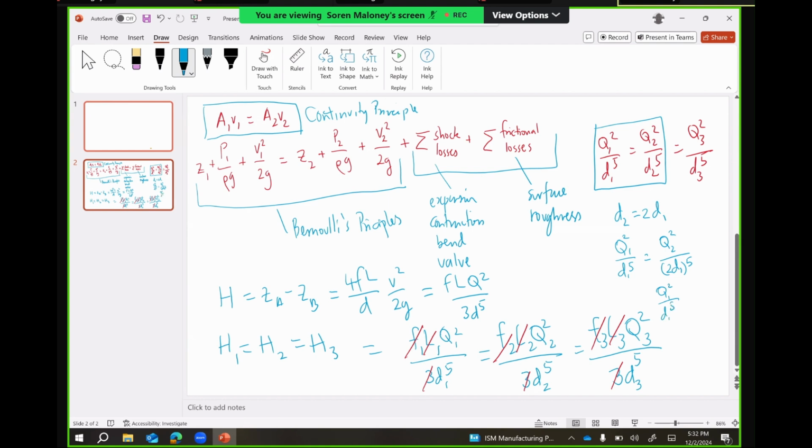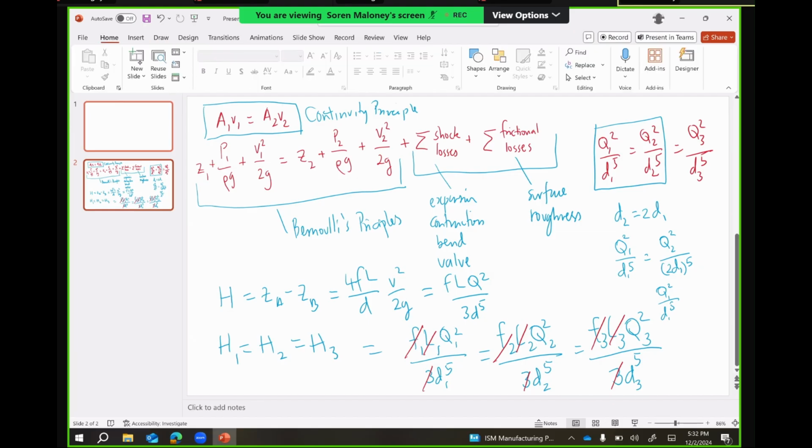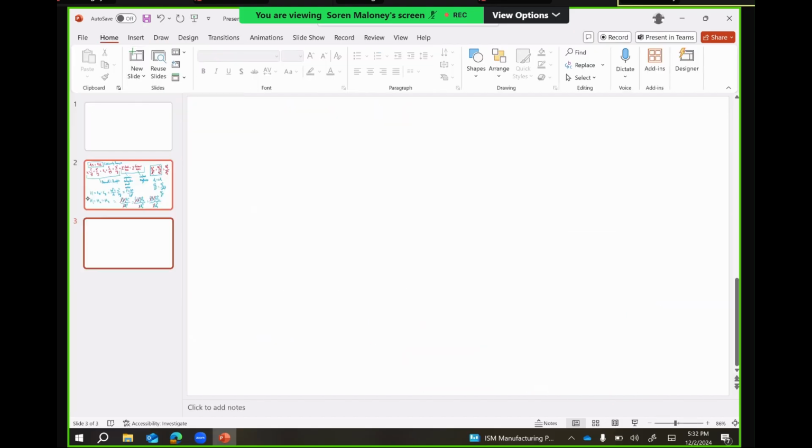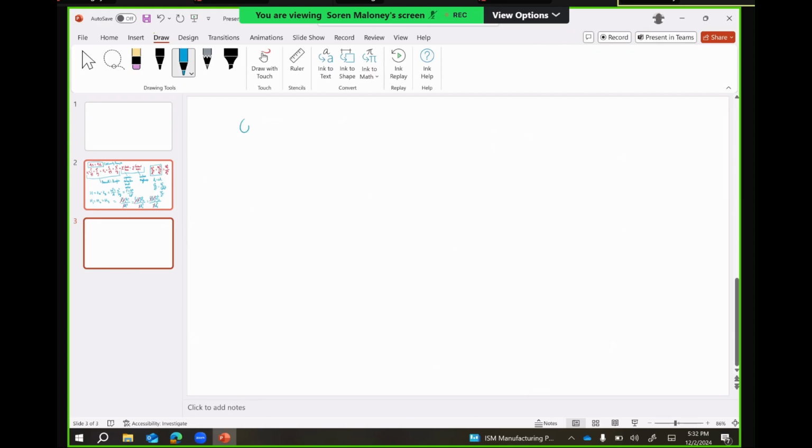Let me add a page here and rewrite it. Q1 squared over D1 to the fifth is equal to Q2 squared over D2 to the fifth, and D2 is twice D1.